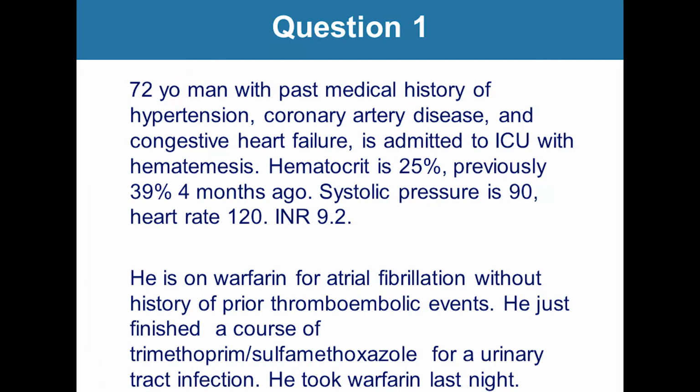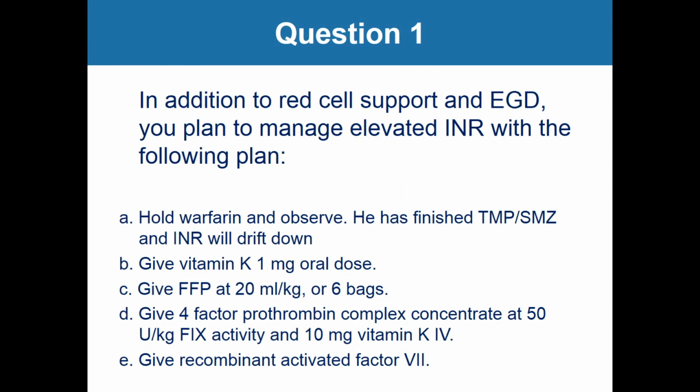His INR is 9.2. He is on warfarin for atrial fibrillation without a history of prior thromboembolic events. He just finished a course of trimethoprim sulfamethoxazole for urinary tract infection. He took warfarin last night. In addition to red cell support and EGD, you plan to manage the elevated INR with the following plan.